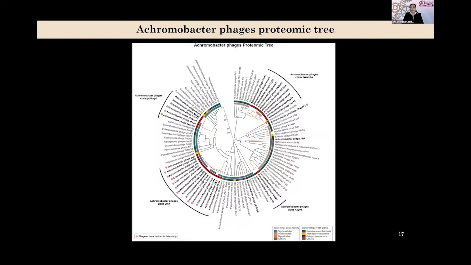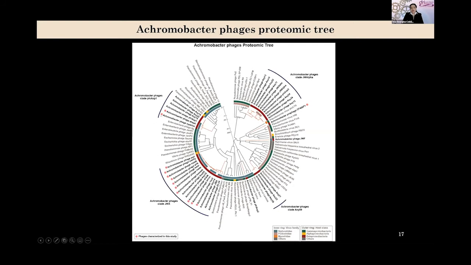Mainly, the main reason we wanted to get the genomes is to know, are there any toxins? Are there any integrases? Will they become prophages and so on? Besides doing that analysis, we also compare each one of these Achromobacter phage genomes to other phages in the databases.